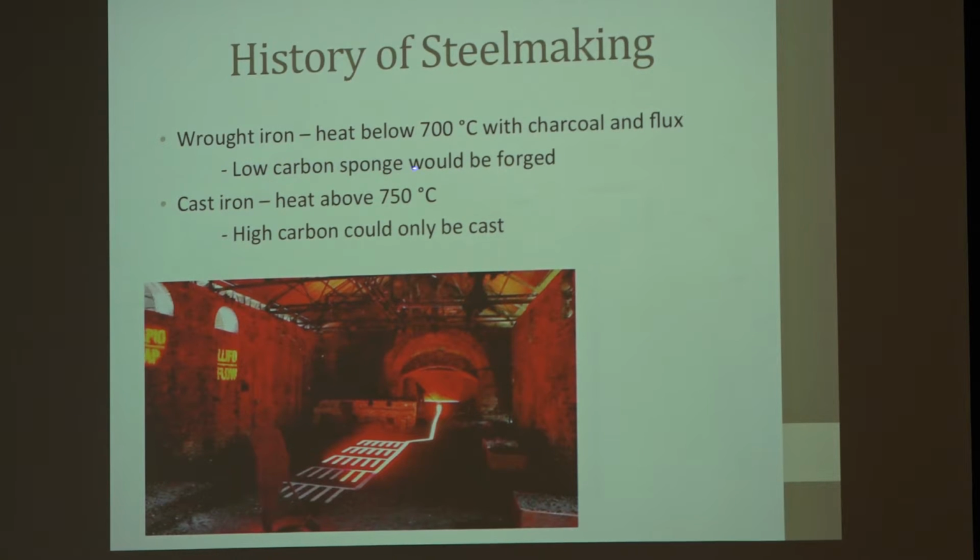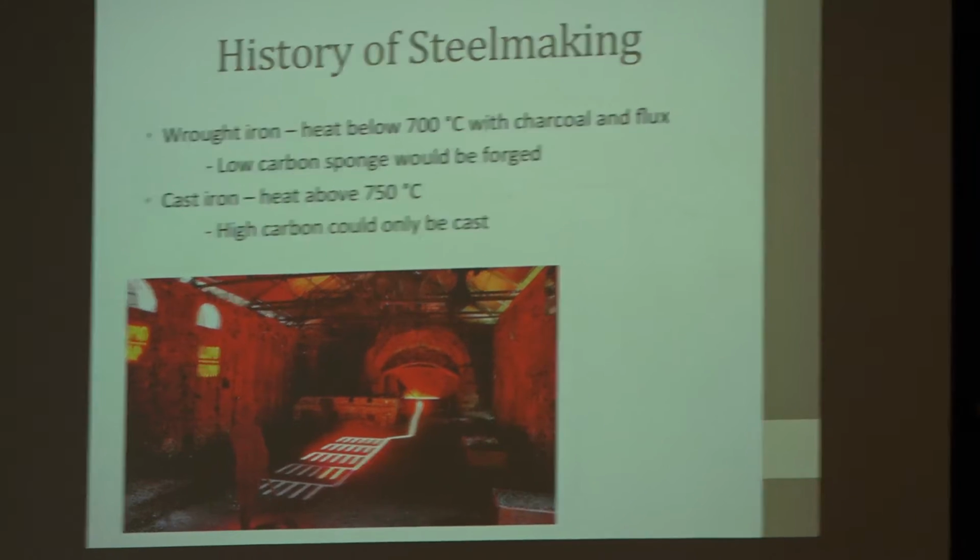And you would end up with this solid sponge. It was just like a steel sponge. It had bits of charcoal, it had bits of limestone, and a blacksmith would take that chunk of limestone, charcoal, and spongy wrought iron, which wasn't wrought yet, and he would forge it.